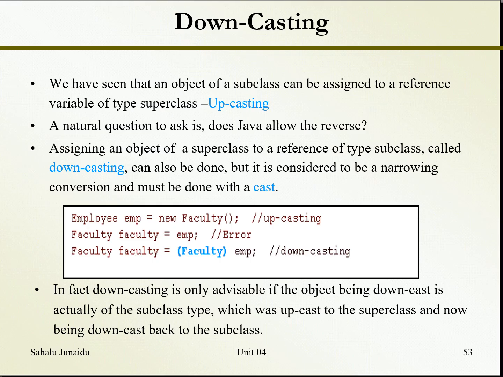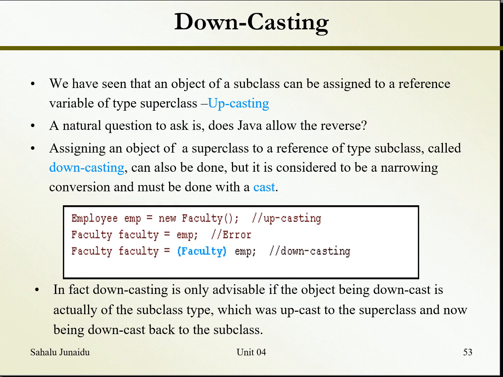In this case, we have to cast it. We wrap the type in brackets and then we convert it. So that is the reverse. We convert from subclass to superclass, and then from that superclass, to convert it back to its own subclass, we cast.